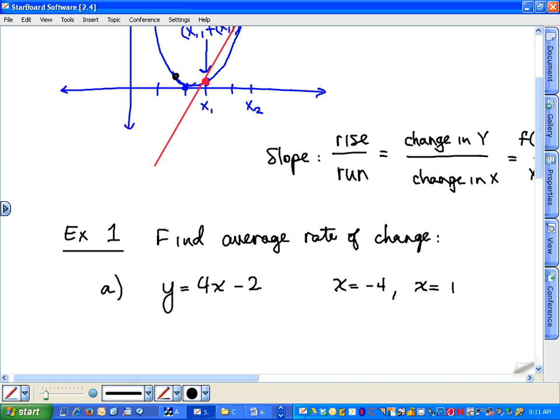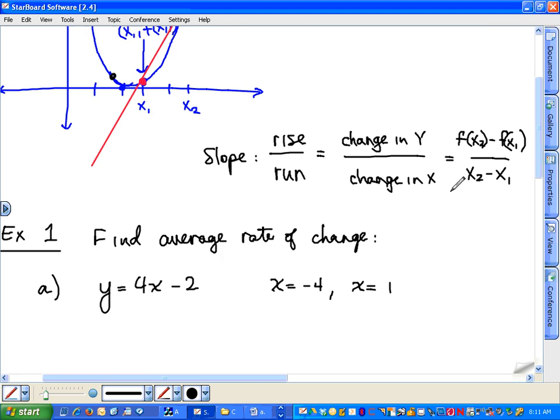So this actually should be fairly obvious without even using this equation. This is the formula you're supposed to use to find average rate of change, because we've been given 2 points. We can call this one x1, we can call that one x2. But just by looking at the equation, we know immediately the average rate of change between any 2 points on this graph.